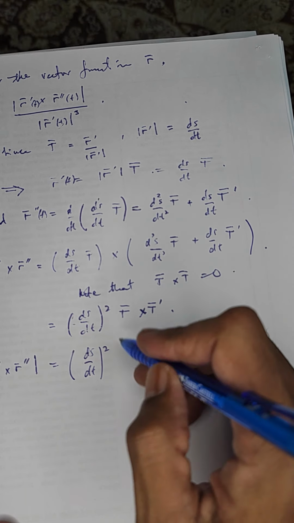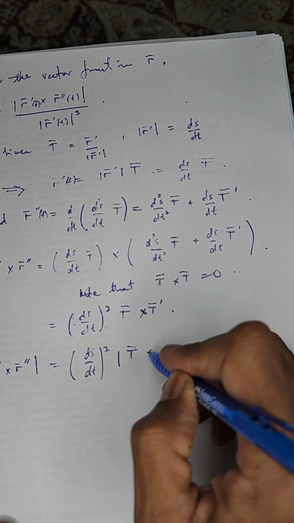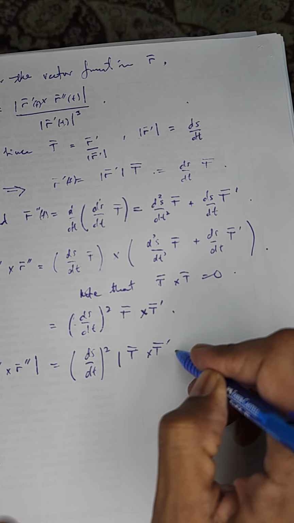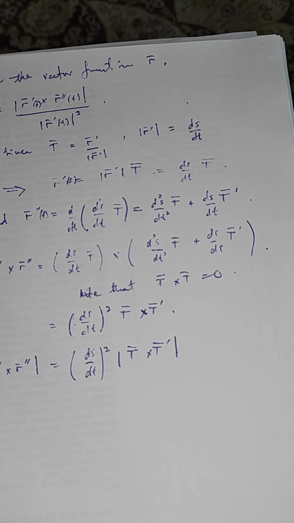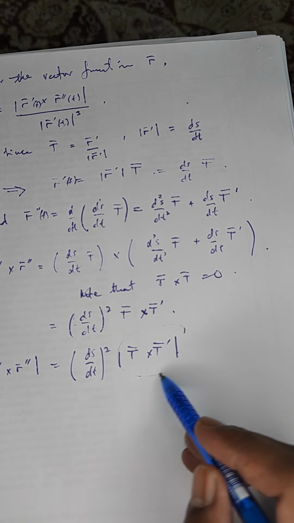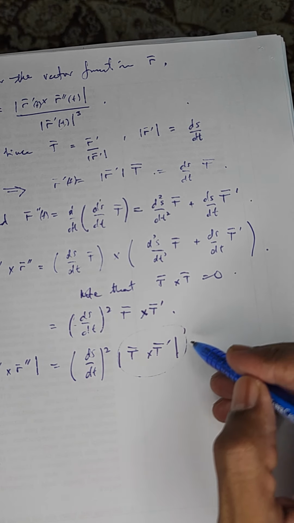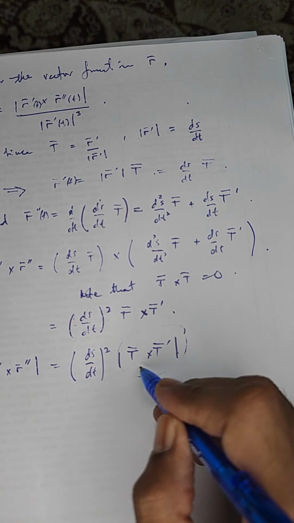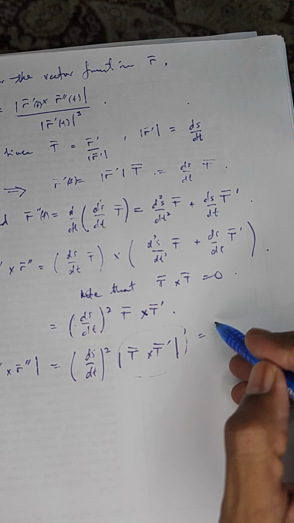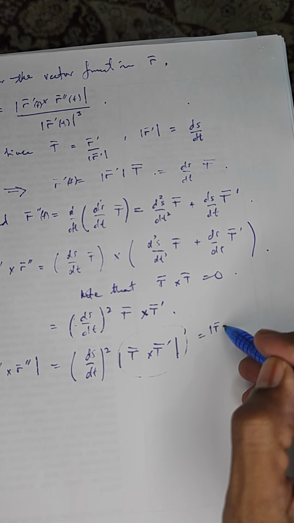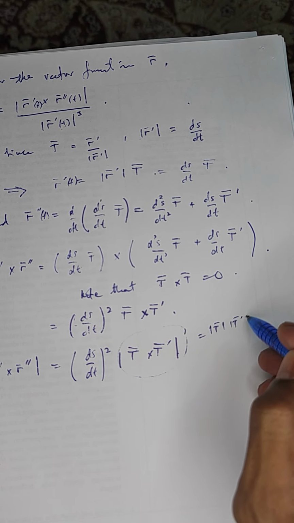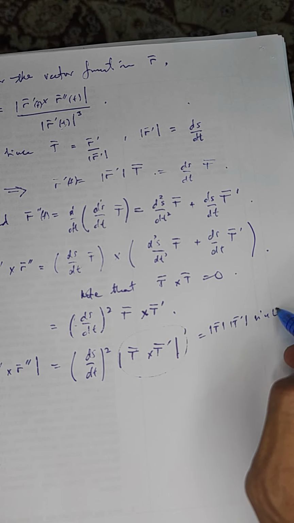For this part we have magnitude of T cross T prime. Of course, from here you can use the definition that this is T cross T prime. This is, by definition, magnitude of T prime sine theta.